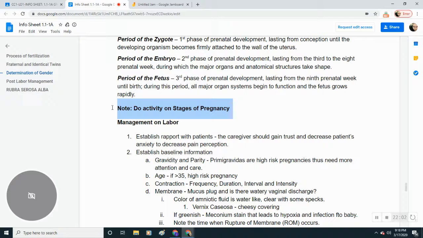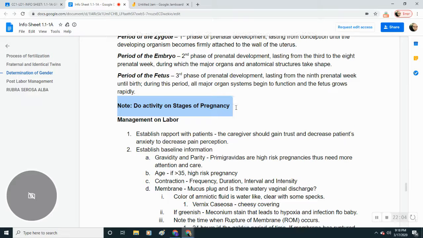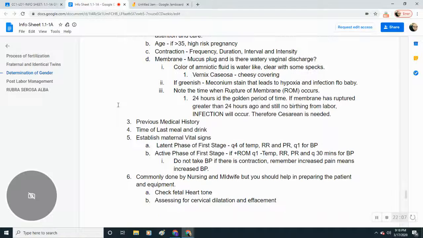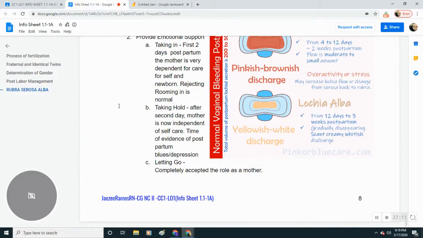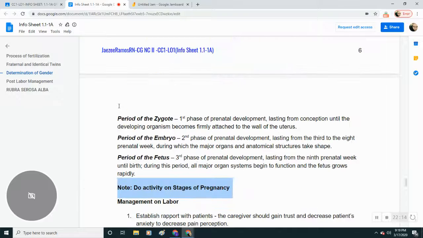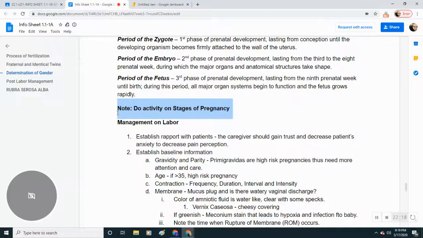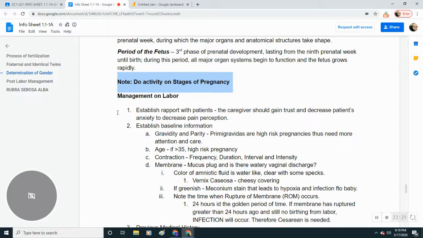Okay? So after we are done here, we're going to continue the management of labor, okay? Until post-labor management that you need to know or you need to understand after labor. Okay? So again, I need you to make the activity on the stages of pregnancy until labor, including the signs and symptoms of the labor.